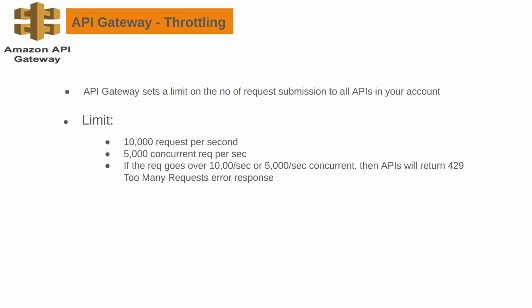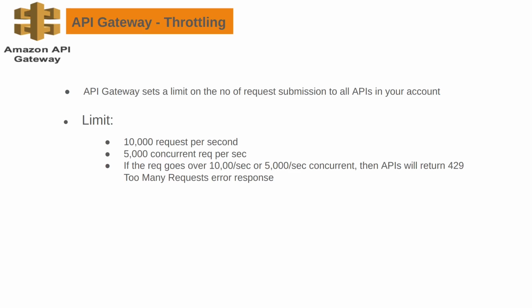Now let's discuss API Gateway throttling. Throttling means how many requests you can handle per second on the API Gateway layer. You can define your throttling, like 1000 requests per second or 5000 or 10,000, whatever you want.